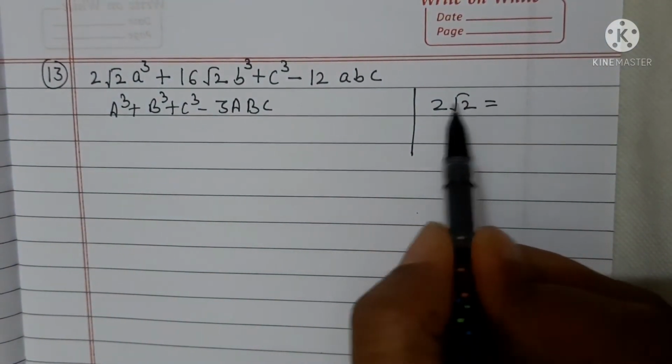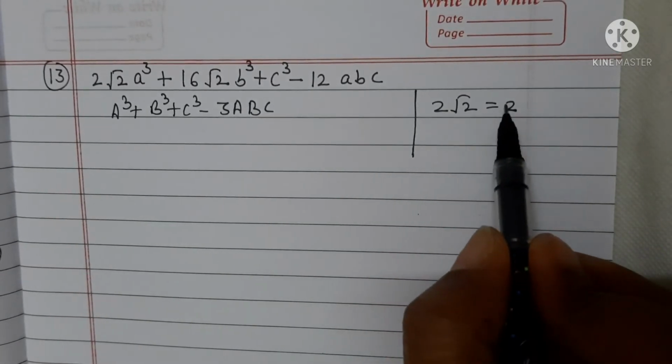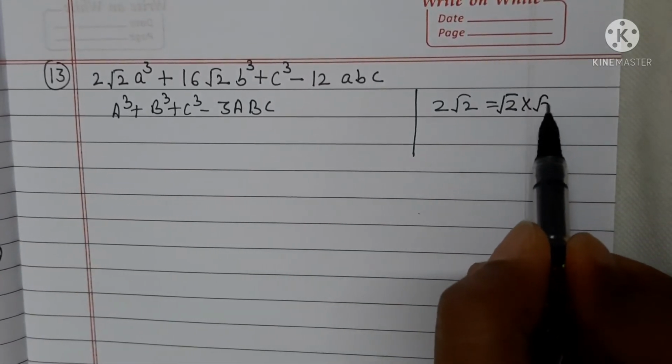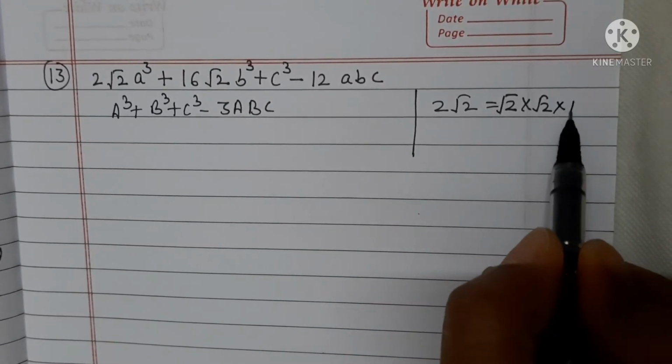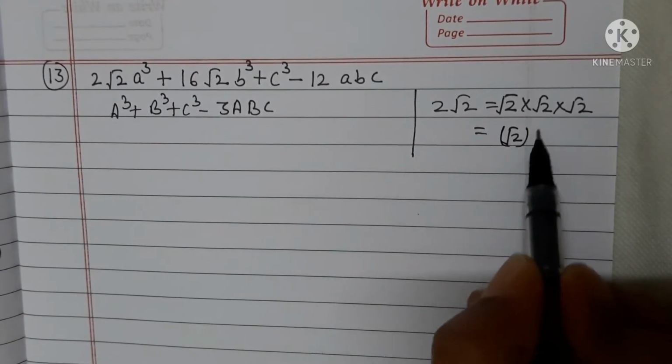You can write it in the form of 2 means root 2 into root 2, and this is root 2. So root 2 whole cube.